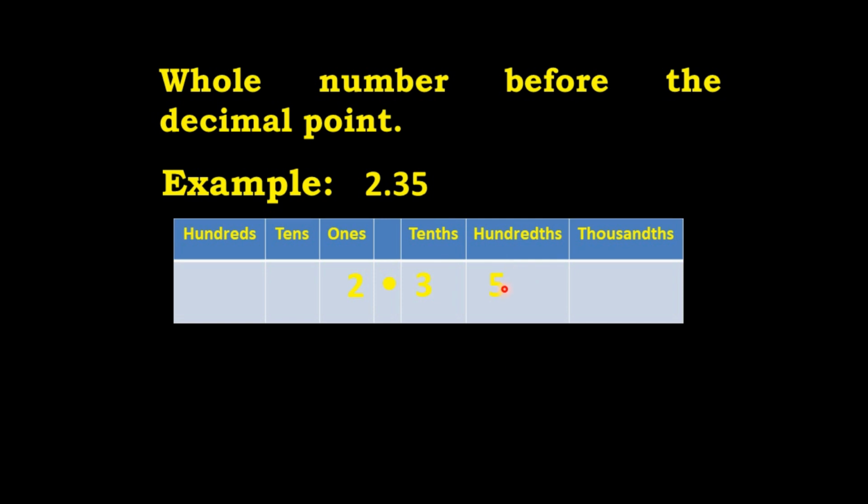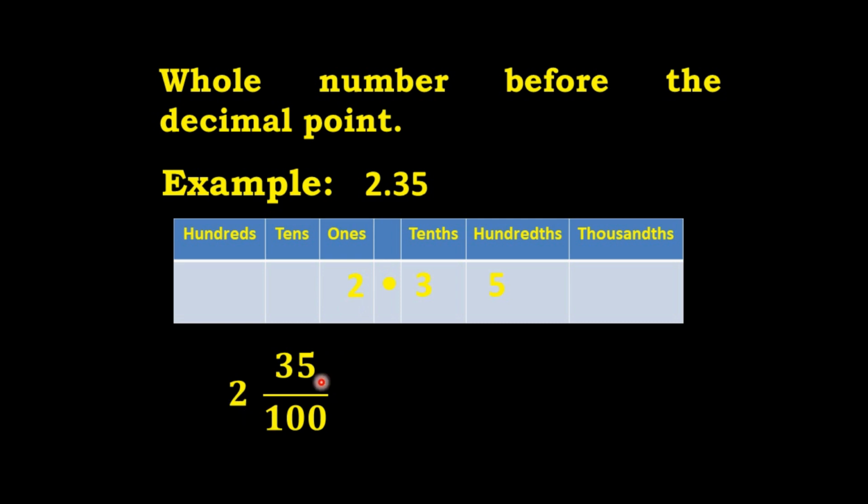Alright. So again, we will focus on the last digit in order for us to know what will be the denominator of our fraction. Okay, since the last digit is in the hundredths place, meaning the value which is 35 will be over 100. And then we will just copy the whole number.